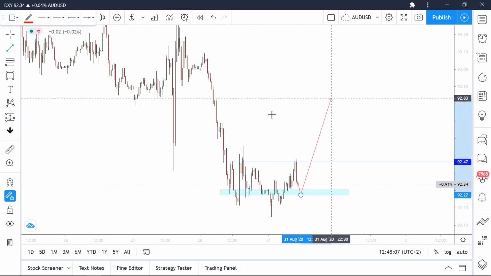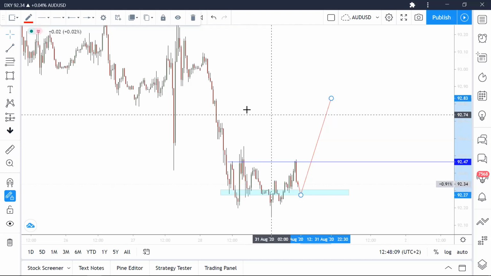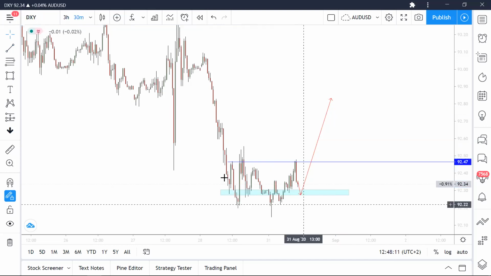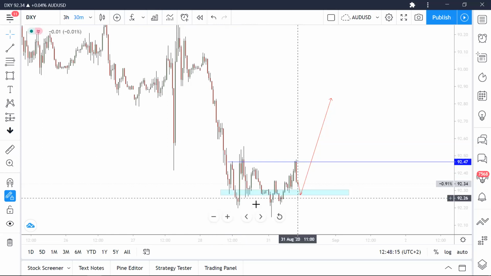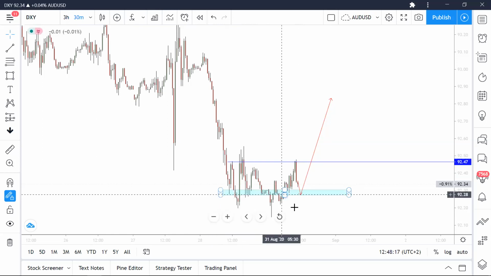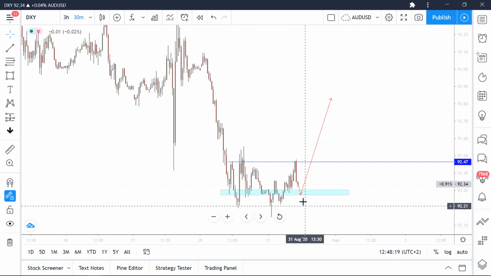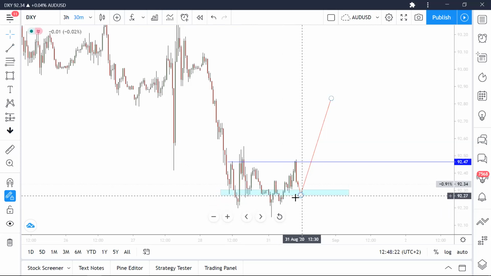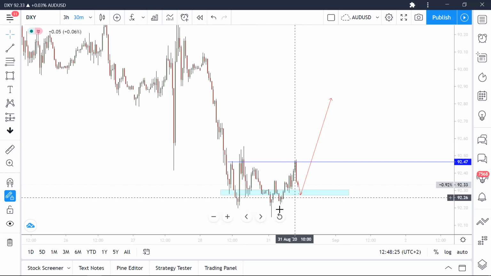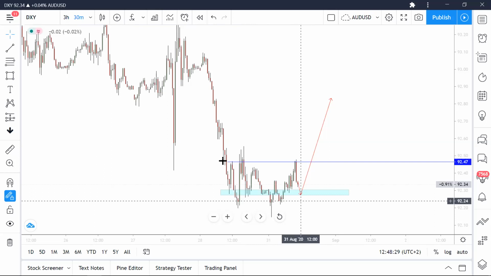Now, the way that price is seeming to behave, we could be looking at a reversal pattern here, preferably an inverse head and shoulders. So here we could be looking to form a right shoulder over here. Then we could be looking for price to bounce off or reject this support and break this trend line here.